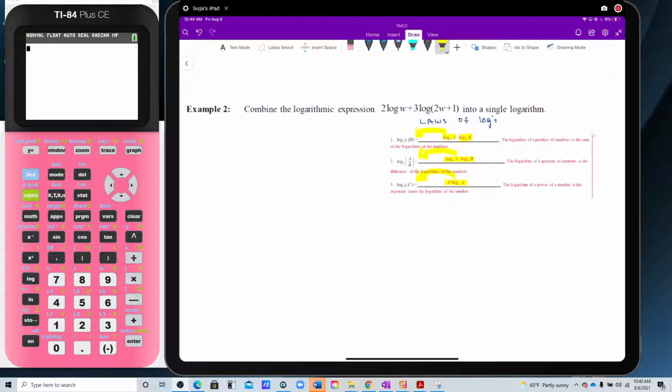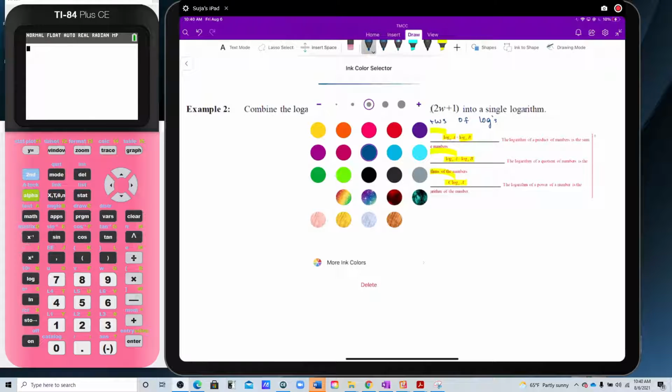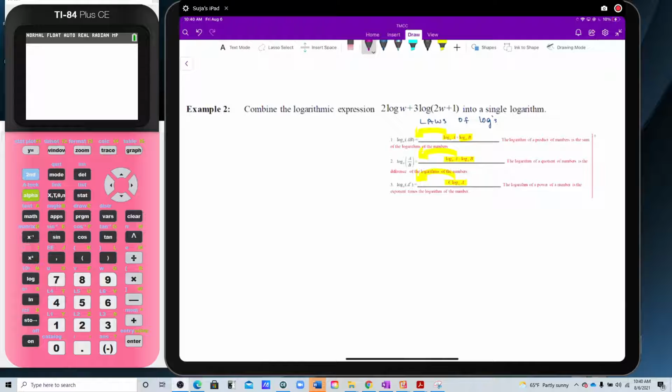So when you do this, it's always good, depending on the problem, again, it all depends on the problem, the first rule you would be thinking of is rule number 3, and then either rule 1 or 2. So when I look at this problem given to me, 2 log w plus 3 log 2w plus 1, the first thing I'm seeing is this 3 for this term and this 2 for this term.